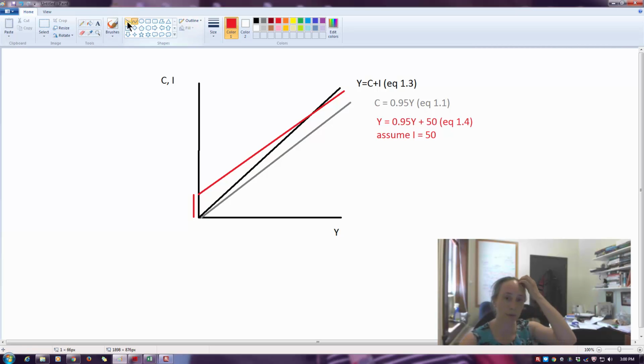What we're solving for is an equilibrium, and the equilibrium is the point that satisfies both equations. That satisfies what we know to be true here with what we know to be true here. So we have two equations and two unknowns, and we have to solve for this point.